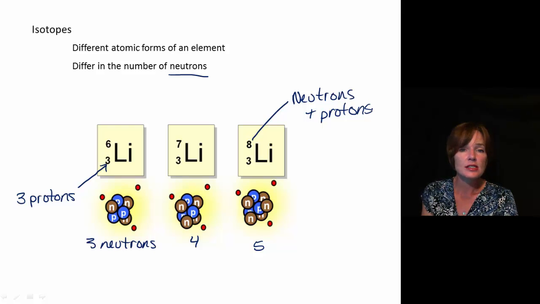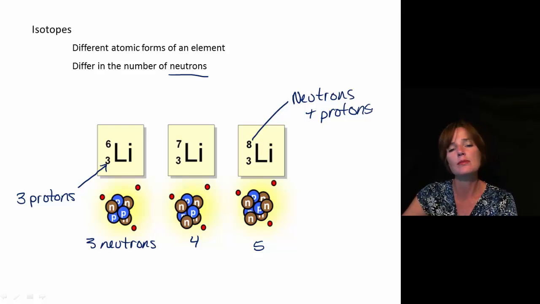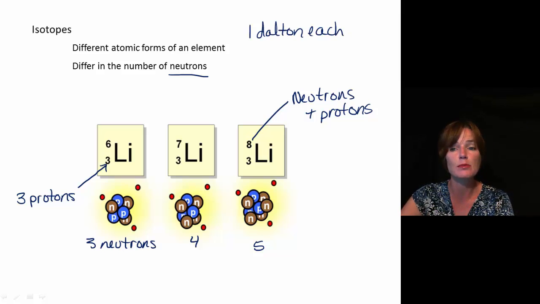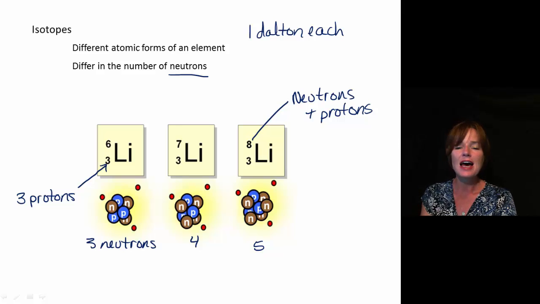It is also an estimate of the mass of that atom, and that is because protons and neutrons both weigh 1 Dalton each. Dalton is a unit of mass. It's an extremely small unit of mass, and so when we see the 8 there, we know that that atom has a mass of approximately 8 Daltons. We also refer to that number as the mass number.